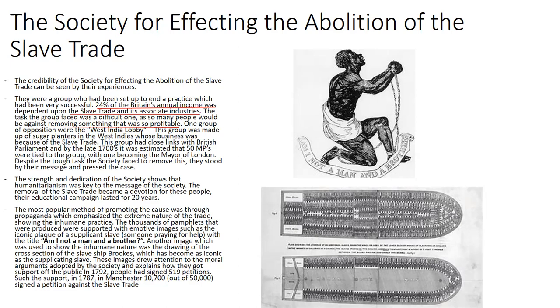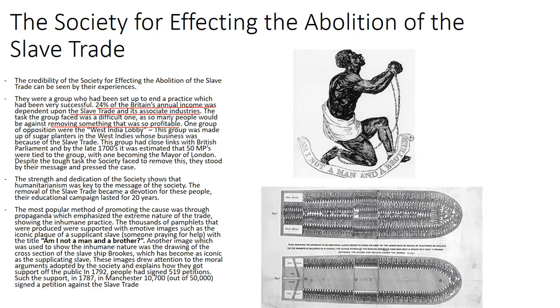One group that they faced opposition from were a group known as the West India Lobby. Now, this group was made up of sugar planters in the West Indies whose business actually existed because of the slave trade. This group benefited from the slaves making sugar and that sugar being sold on to countries like Britain.